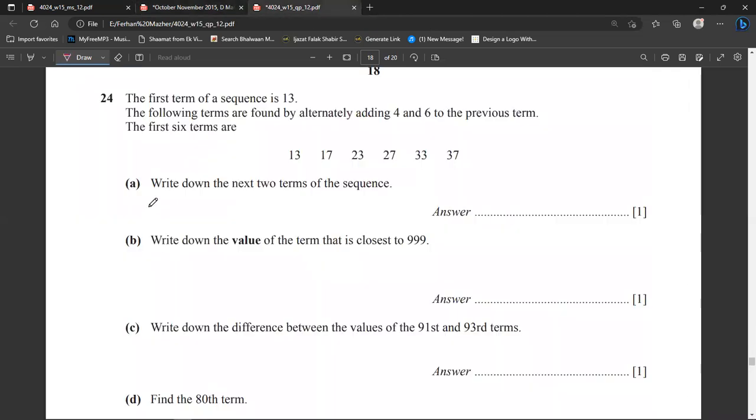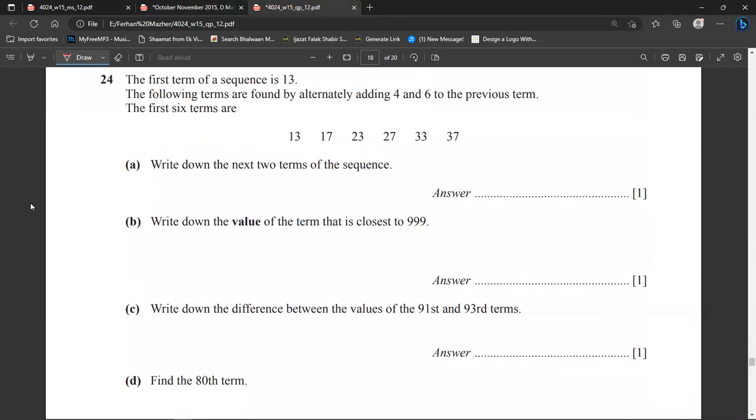Then we have to write down the value of the term that is closest to 999. You see, in the same pattern, if you go forward, you will have 993, then 997, then 1003, 1007.